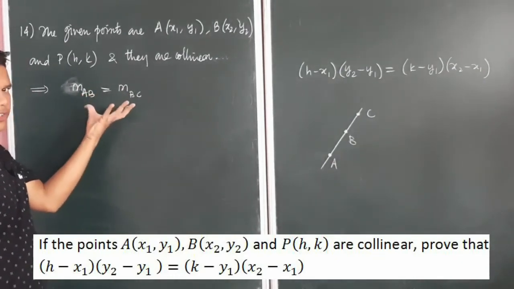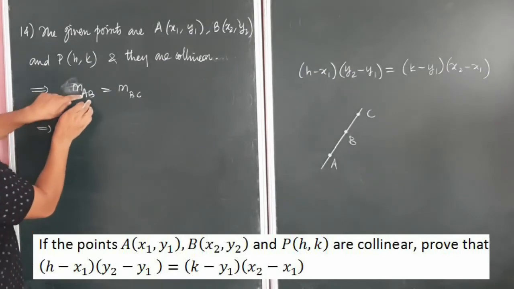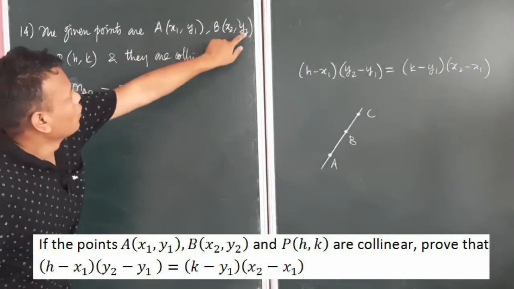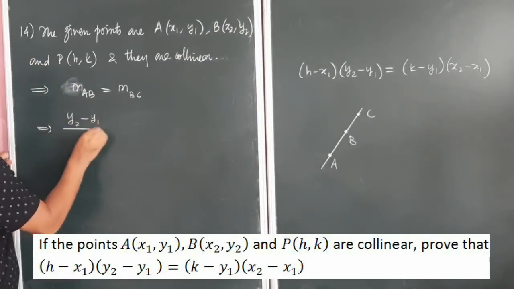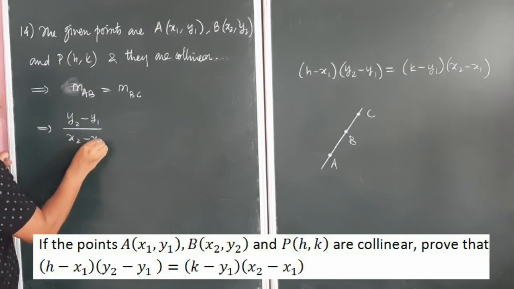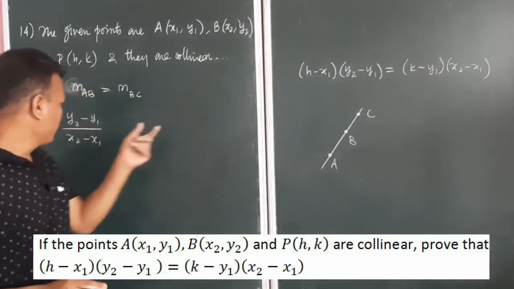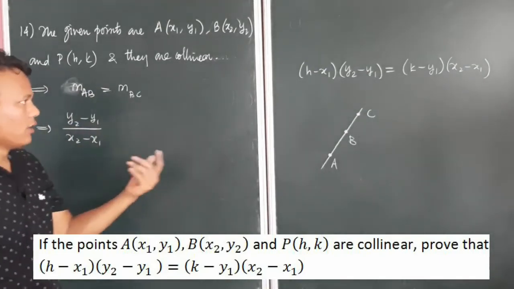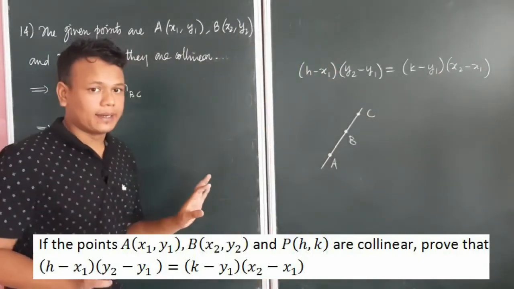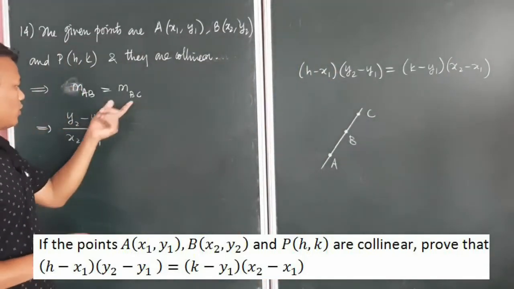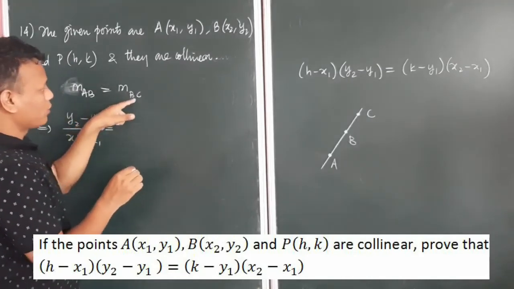Let us see first what is happening here. So let us see what is the slope of AB. So this is y2 minus y1 by x2 minus x1. In whatever we need to prove, do we have y2 minus y1 and x2 minus x1? Yes, I can see that y2 minus y1 is there, x2 minus x1 is also there. So this is fine for me. I don't have any problem out here.